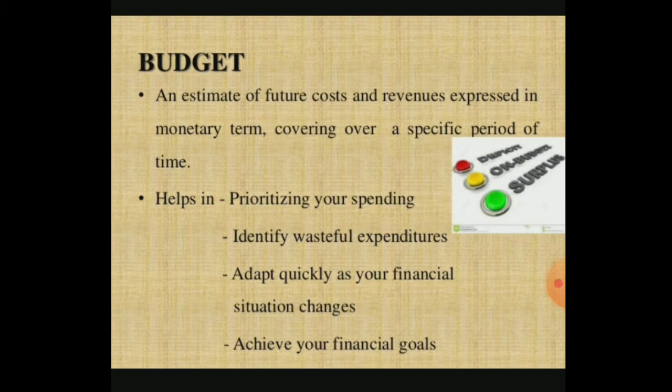So what is that estimate? Estimate is nothing but not exact values or figures. It is rough values or figures. For example, before construction of one building, the owner will estimate the cost of material or labor cost or other expenses.